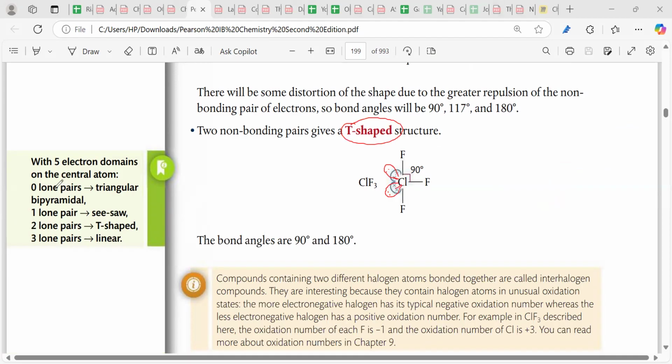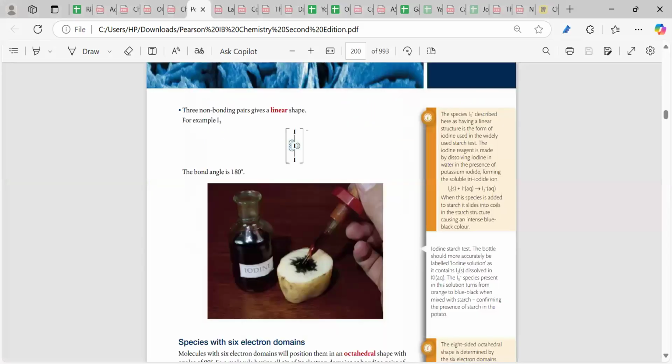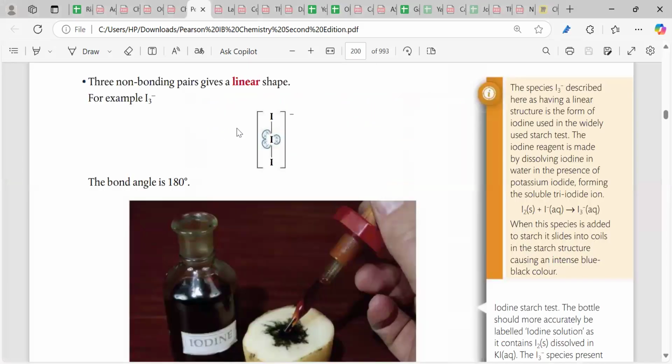Next, in I3 minus, we are having 5 electron domains and 3 lone pairs of electrons. So those will be kept in the axial position, and we get a linear structure.